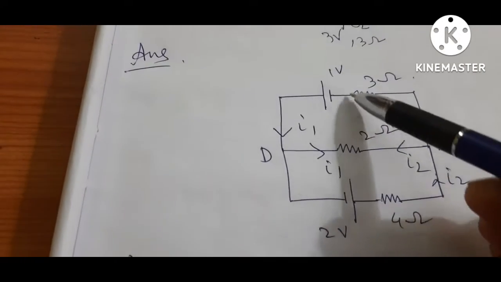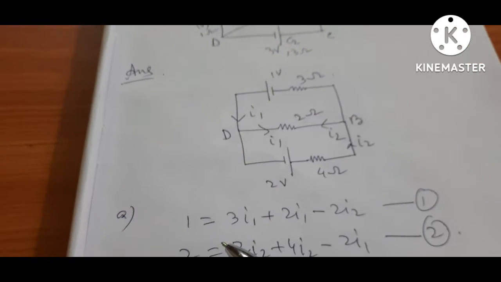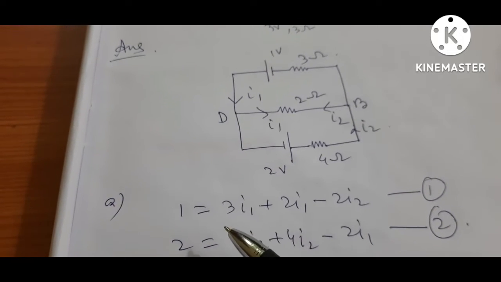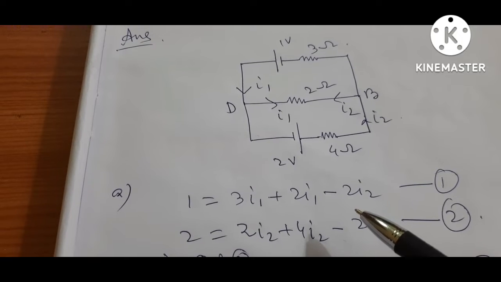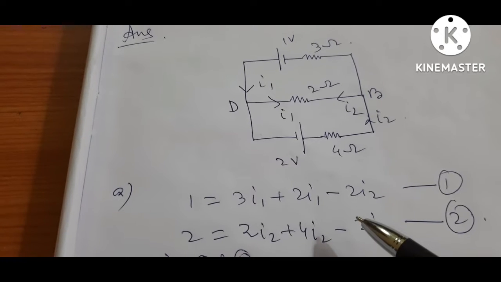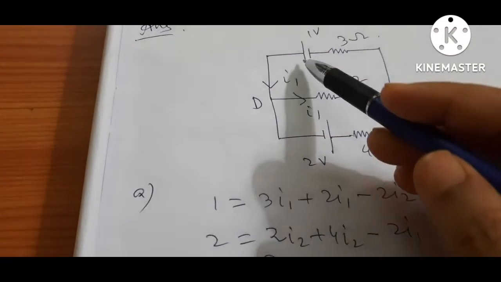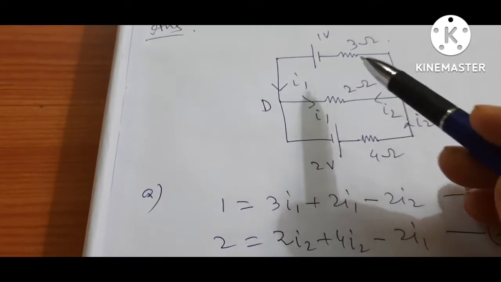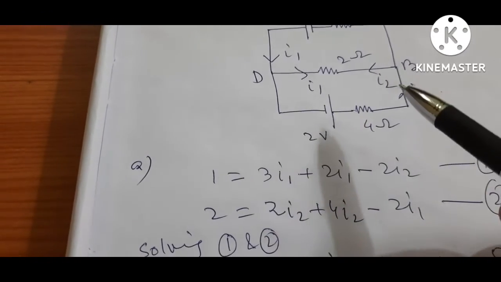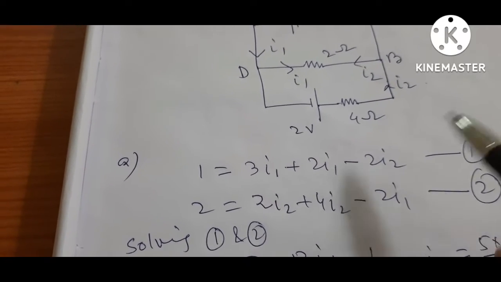So now first I consider this loop, and I can write the equation, that is 1 volt equal to, from Kirchhoff's law, this equation, since through the 2 ohm resistance I1 and I2 are both flowing in opposite directions. In the second loop here also I1 and I2 are flowing oppositely, so the second equation I can write like this.